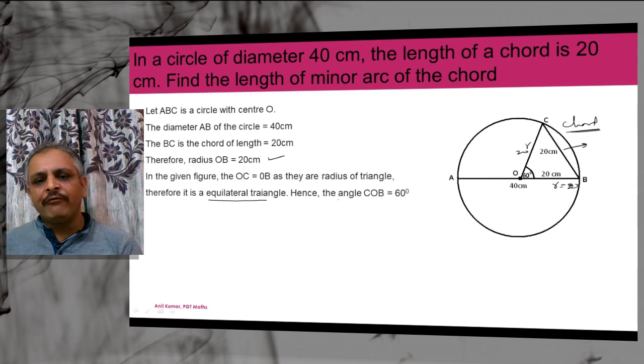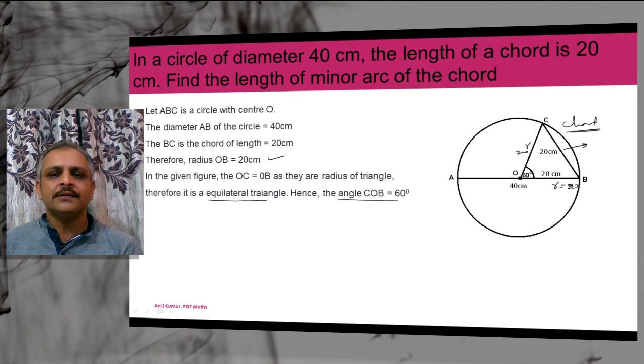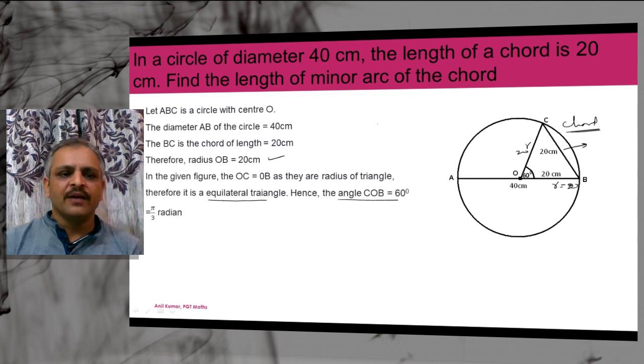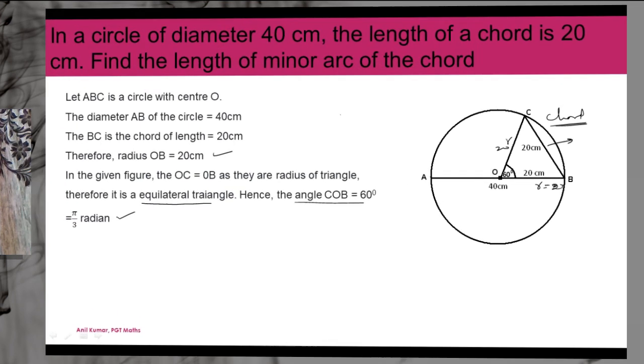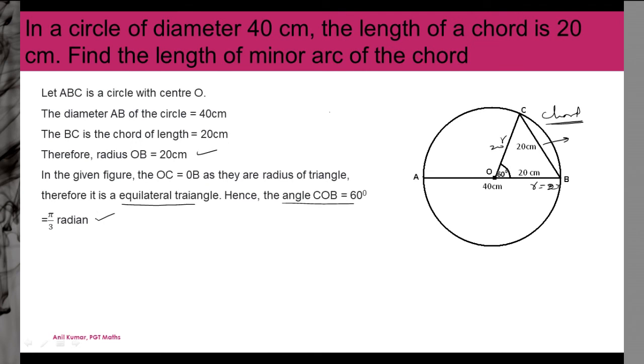So every angle of an equilateral triangle will be 60 degree, or you can say it is pi by 3 radian. Why did I convert into radian? Because I know the relation that theta radian is equal to L upon R. So whenever I write the relation here, I will use the angle in the radian measure. So L will become R into theta.